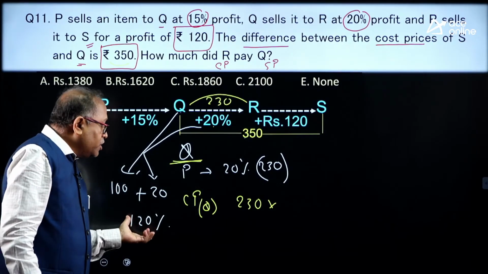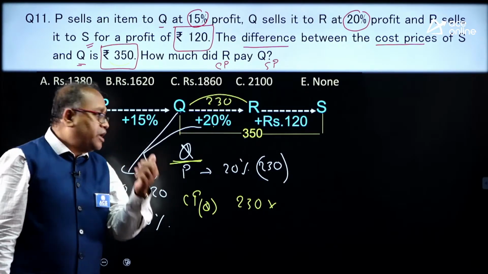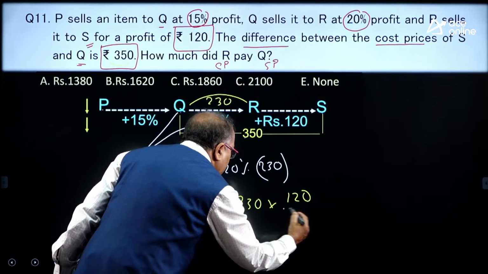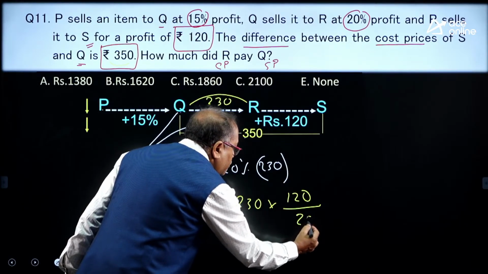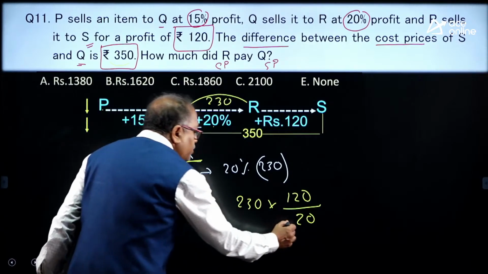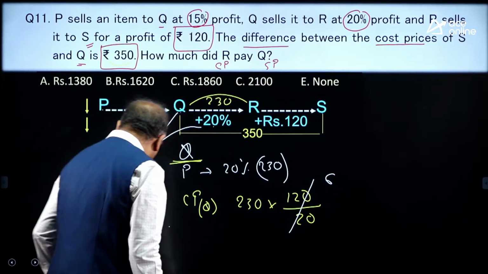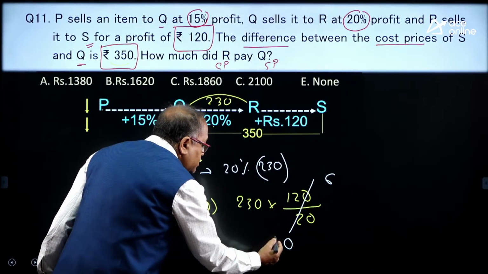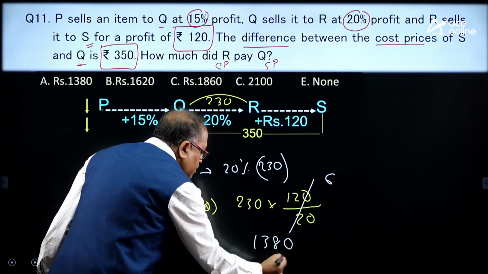I need to find out what is 120% of Q. Come on, my dear friends, I will conclude this. 120 by 20, and when you cancel this one, it is 6. Simply your answer is ready. Anyone answer the question? Okay, not an issue. So, 0, and 6 times 3 is 18, carry 1, and that comes to 1380. This is your answer.